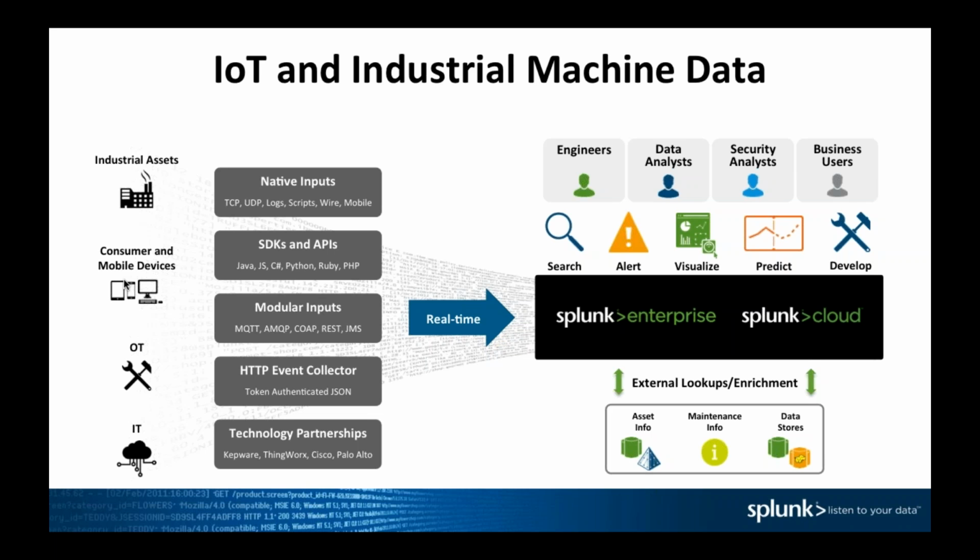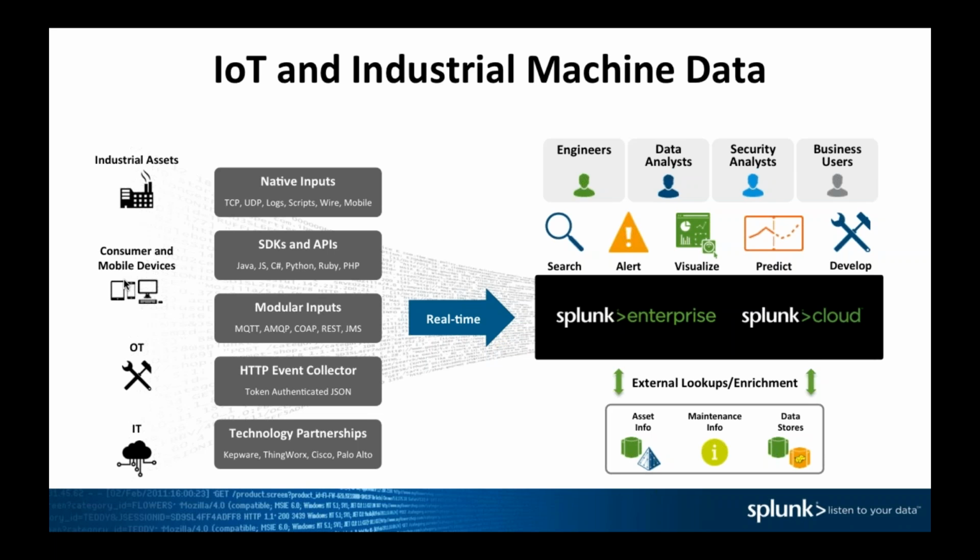Our modular inputs allow Splunk forwarders to collect data from external sources. So it's an open framework that allows anyone to wrap a communication library in a Splunk native input, and from that point you can configure the connection to collect from remote sources. So we have already built modular inputs for MQTT, AMQP, CoAP, JMS, REST, and some of the more common sources of IoT and industrial data.